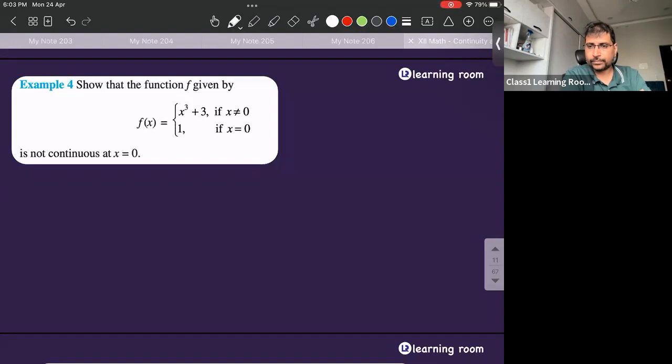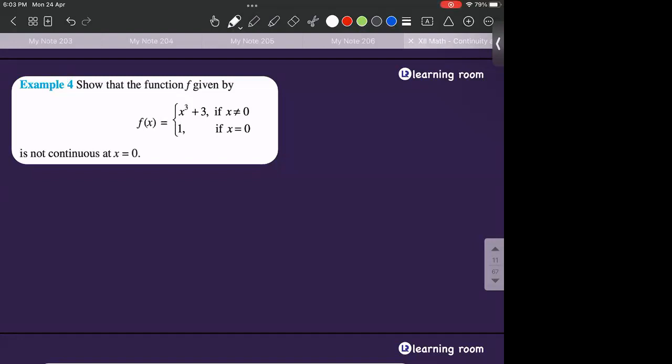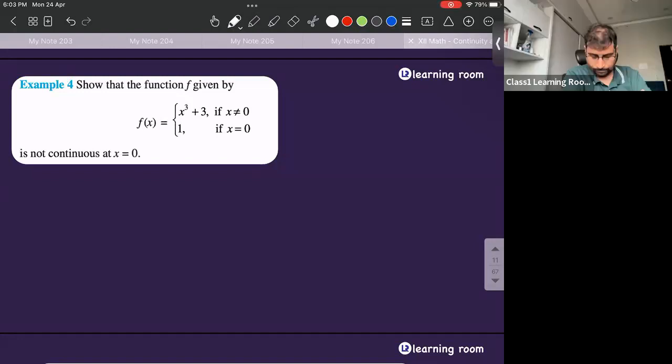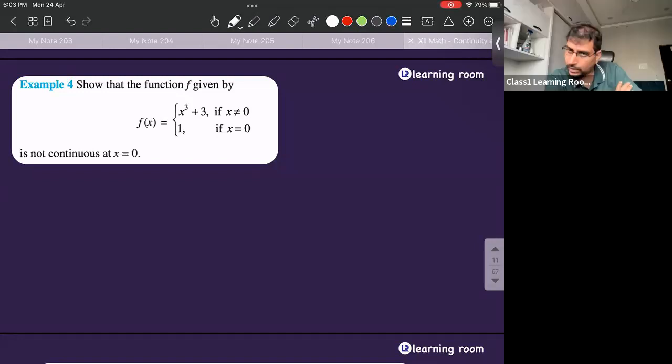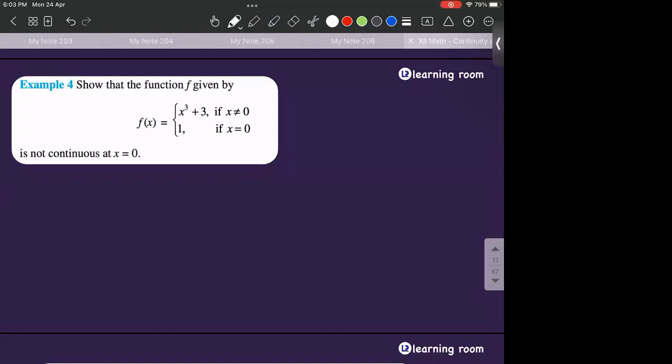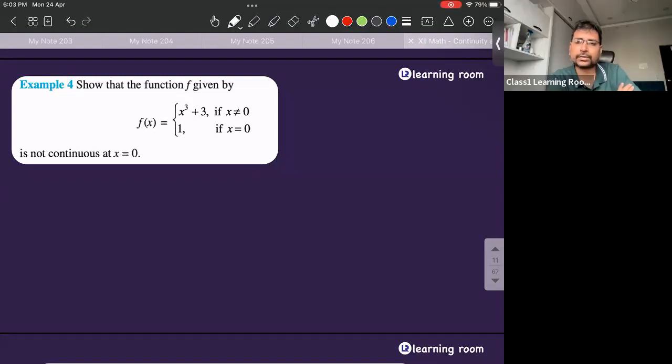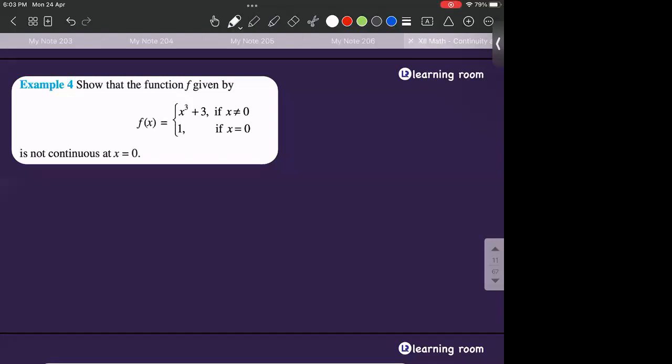Sir, I have a doubt. Tell me. Sir, for the previous question, for any value of x other than 0, the function won't be continuous, right? It is continuous. No, sir, for any value other than 0. It is continuous. Sir, but LHS and RHS won't be equal, right? One will be negative and one will be positive.